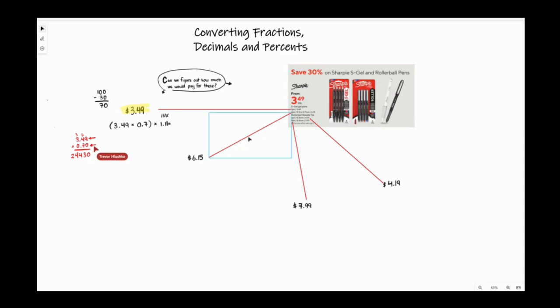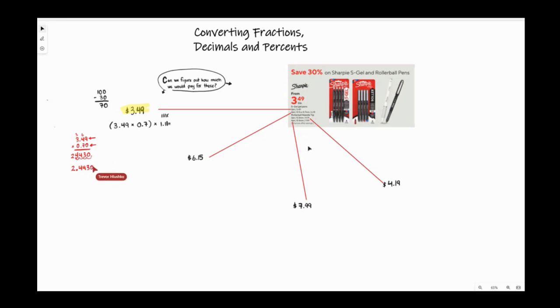I have 2 in the first one, and 2 in the second number. So I add those together, and that tells me that I'm going to have 4 decimals in my answer. So right now my decimal could be there, but I'm going to go 1, 2, 3, 4. Okay. So my answer then is 2.4430.